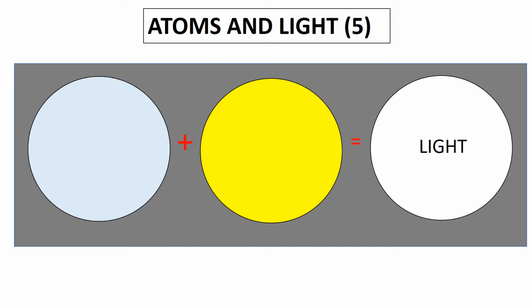And if we add in the blue electric oscillations, we get a field of white light. This diagram illustrates that atoms are made of confined light, confined electromagnetic oscillations. We can say that atoms are made of bounded, circulating light.